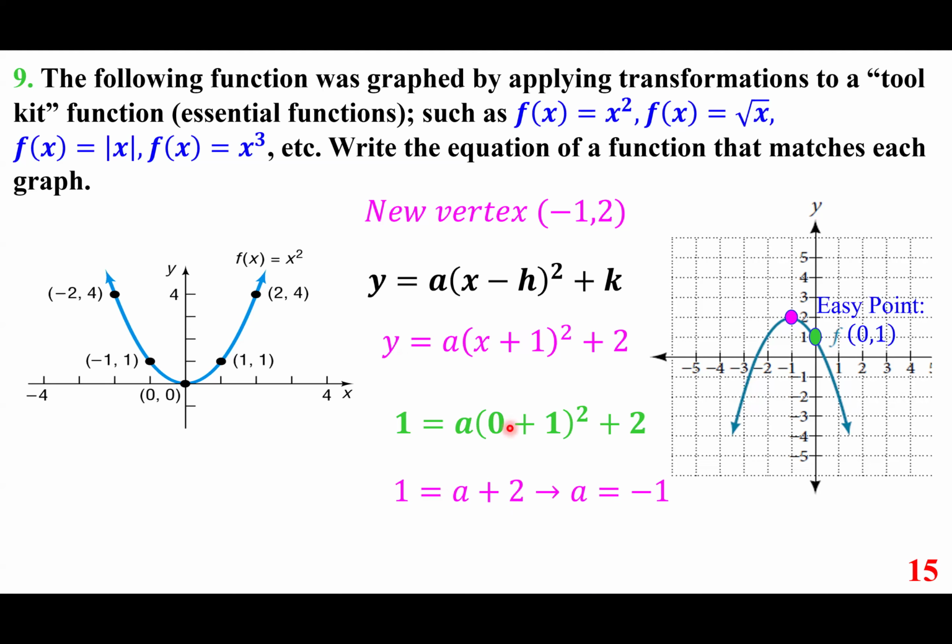So this is 1, 1 squared is 1, times a, plus 2. If 1 is a plus 2, a becomes negative. So replace the a with -1. We get y equals minus (x plus 1) quantity squared plus 2.